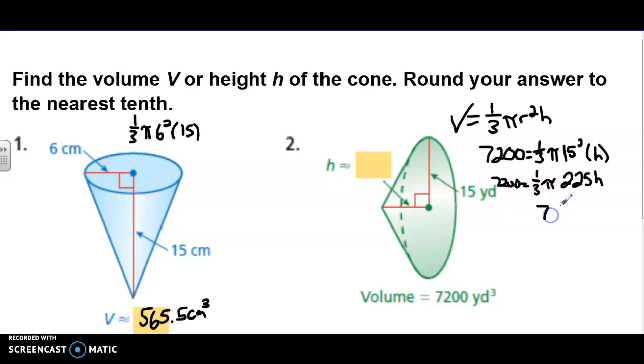So this would just be 75 pi h equals 7,200. And if you divide 7,200 by 75 pi, you get 30.6. So 30.6 yards is your height.